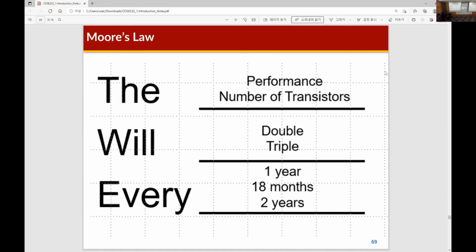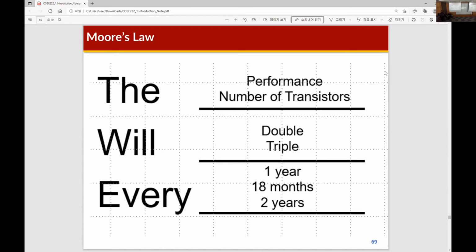So if semiconductor technology continues advancing, then Moore's law will also continue, because CPU manufacturers and semiconductor fabs, like TSMC or Intel, set their technology goals based on Moore's law.